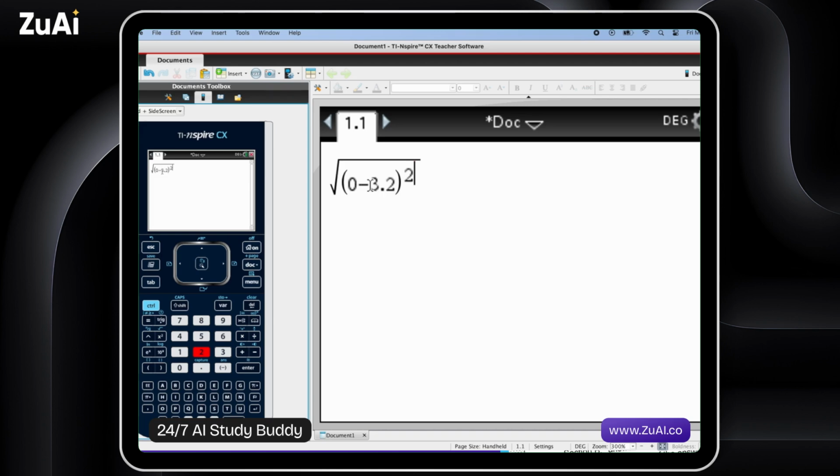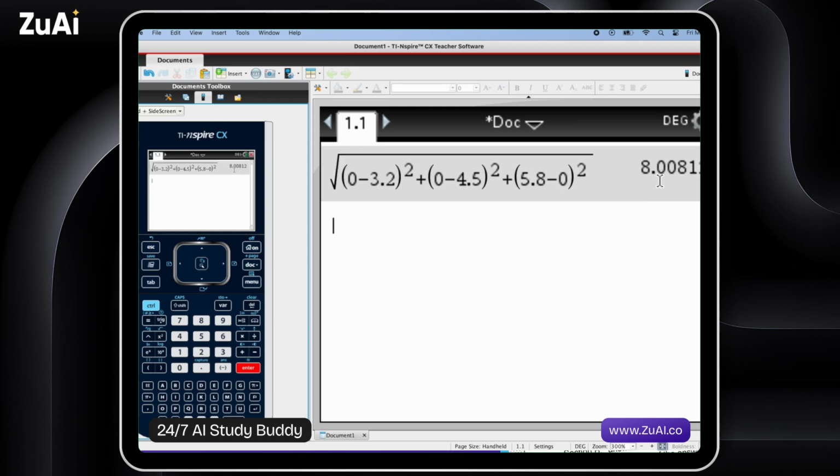This would be equivalent to 3.2 squared, but let's write it out exactly as it is. Plus Z2, this would be 5.8 minus 0. And we want to square that value. Okay, 0 minus 3.2, 0 minus 4.5, and 5.8 minus 0 squared.